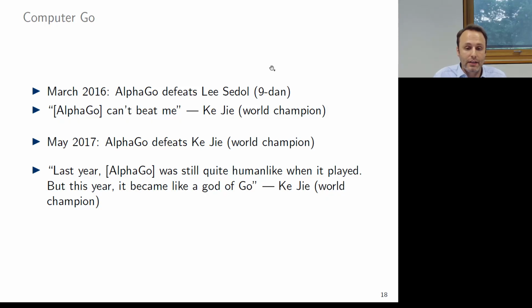And Ke Jie, the world champion at the time, said, AlphaGo can't beat me. But in May 2017, AlphaGo defeated Ke Jie as well. And he said last year AlphaGo was still quite human-like when it played, but this year it became like a god of Go. So this shows the power of the policy gradient methods.